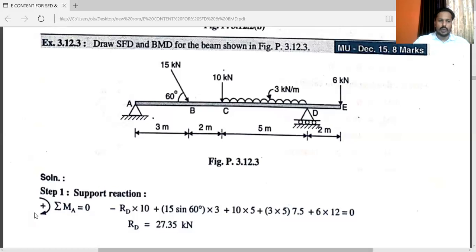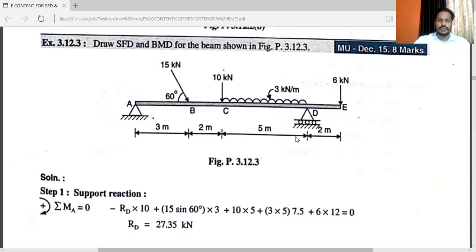Here we are taking clockwise positive, so you have to start from the left. RAY is passing through the same point, so there is no perpendicular distance and its moment is 0. RAX, that is horizontal, is also passing through the same point, so its moment will be 0.